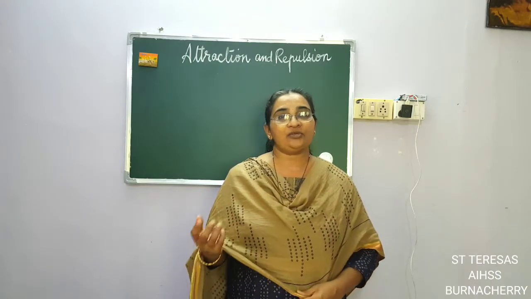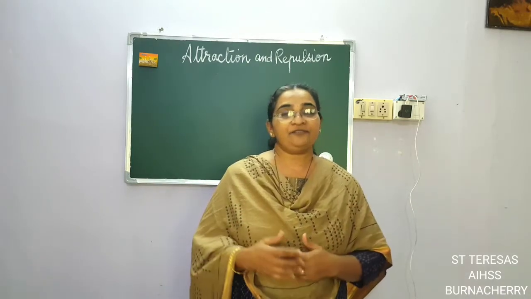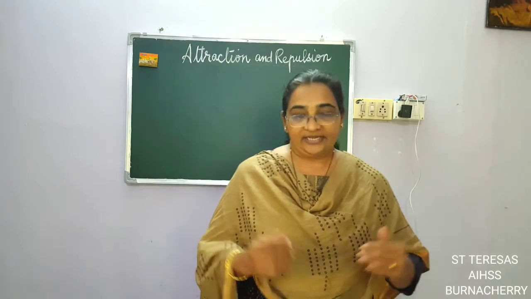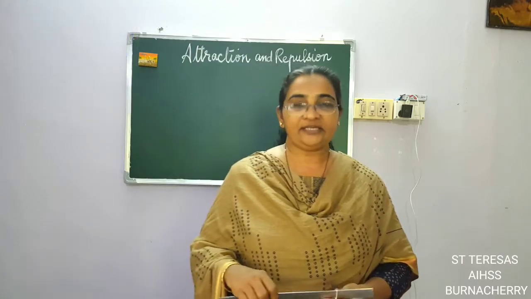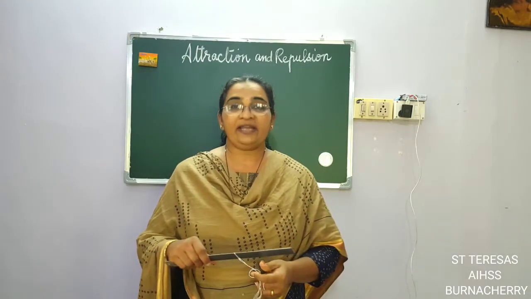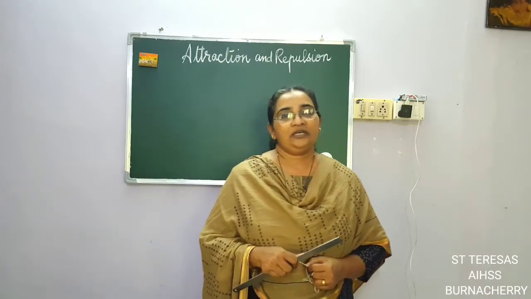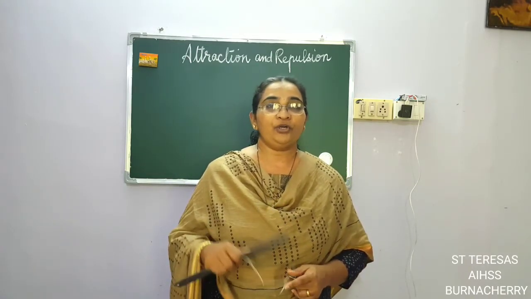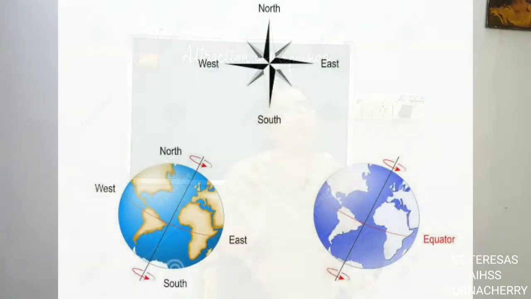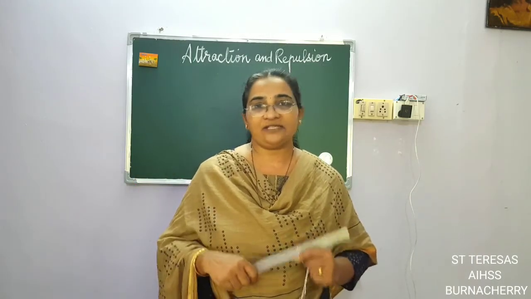Now today we are going to learn two more properties of magnets. What is the first property? I told you that our magnet is connected with our earth. If I have a magnet and I want to know the north side of my house, I want to find out which is the north, east, west and south.